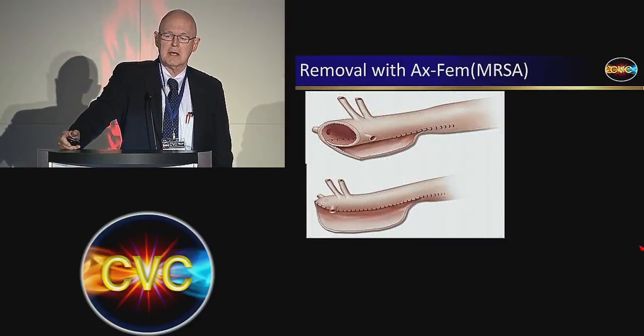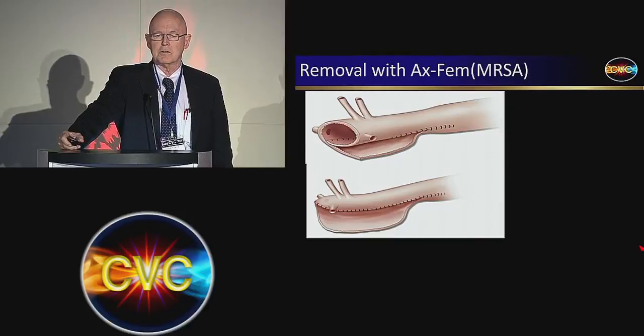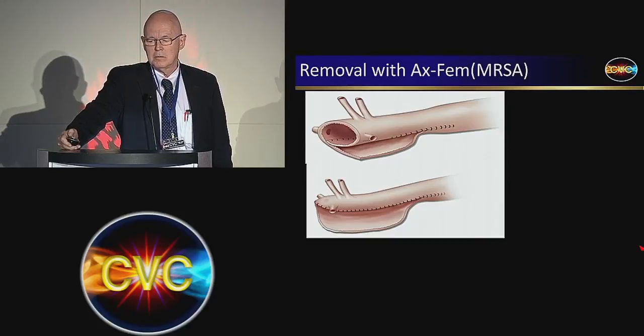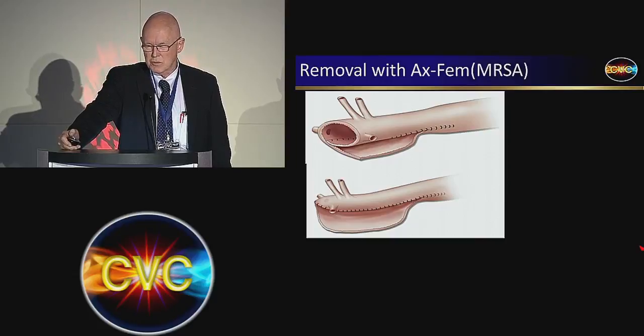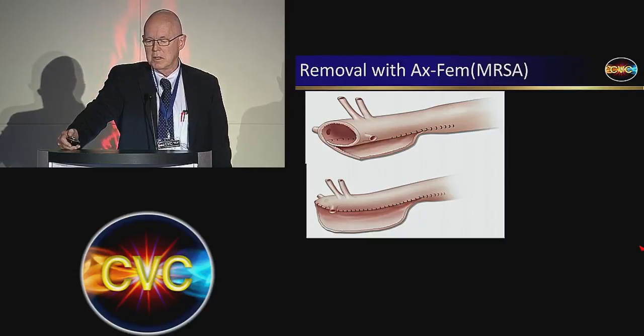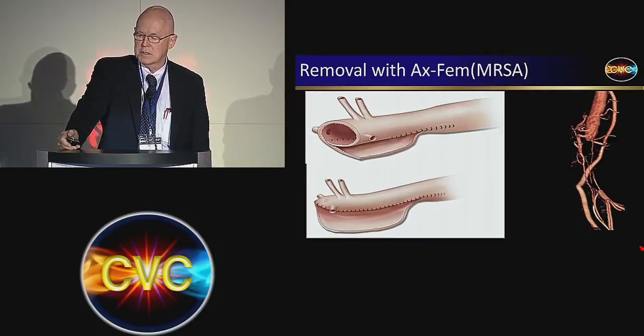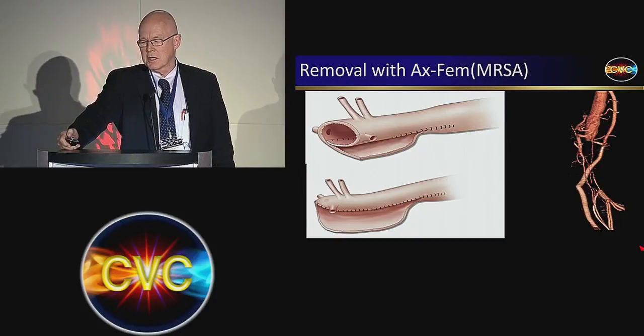One of the techniques you can use in this situation is to remove, debride all the infected material, do an extra-anatomic bypass usually first, reconstruct the aorta, and put an in situ graft in. As in this patient we did, and this is a CT angiogram 8 years after surgery with the AX-Fem in place and a stable aortic architecture.